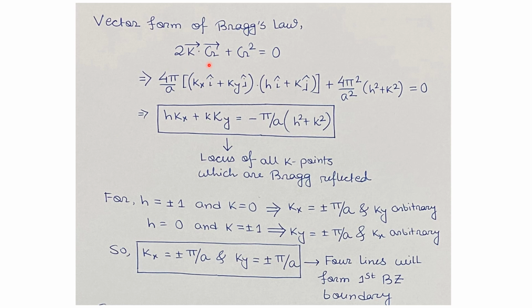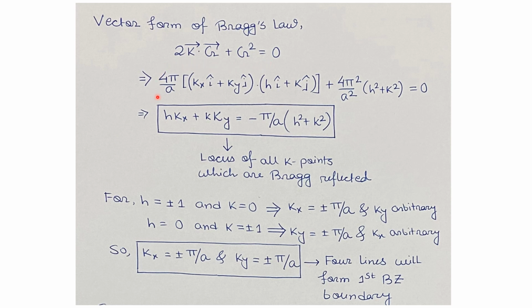And g vector basically denotes the reciprocal lattice vector for the crystal structure, the two-dimensional square lattice. So this g vector for the two-dimensional square lattice will be 2 pi by a times h i cap plus k j cap.